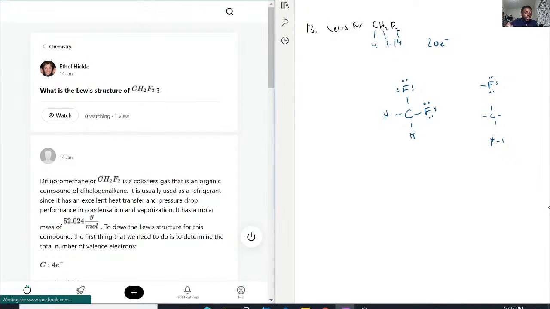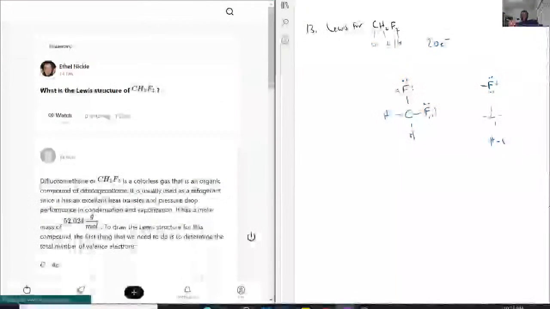Okay, that was a little bit jumbled, but the point is that once you draw your theoretical formal charge of 0, you can compare based on how many bonds and lone pairs it has to evaluate what type of formal charge it actually is.